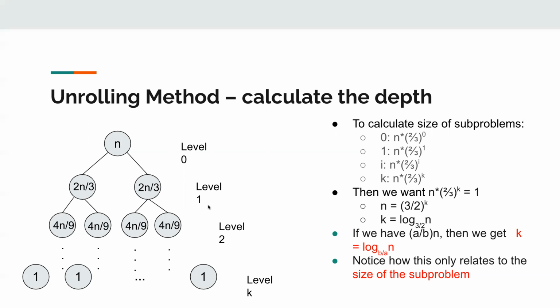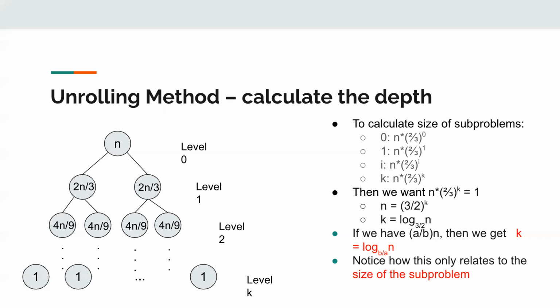So the first very important question is, how many levels do you have? Because you have to sum up all of them, you need to know how many steps you want to sum. To see the trend, if we want to calculate the size of subproblems, the first level is just n. This is an example where you have 2n over 3 as your subproblems.